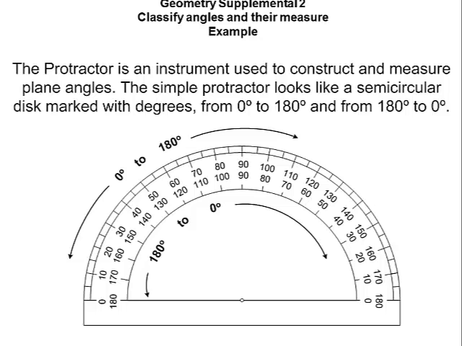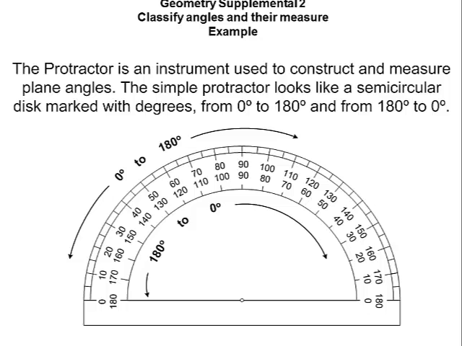If you look at the outside, you see you have 180 and 0 here, and then 0 and 180 here. Which way the angle opens up. So if you're measuring it and it opens this way, you always want to start at 0. Whereas over here, if you're opening this way, you're going to use the inside numbers.